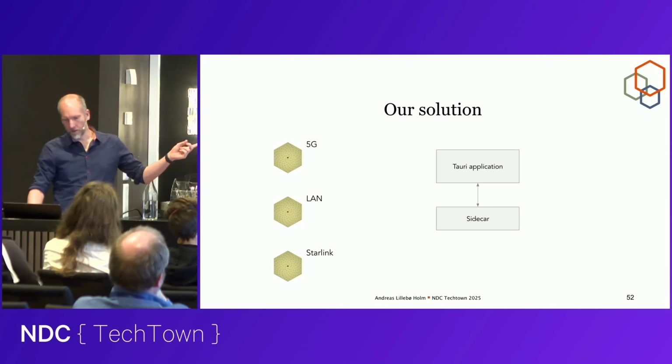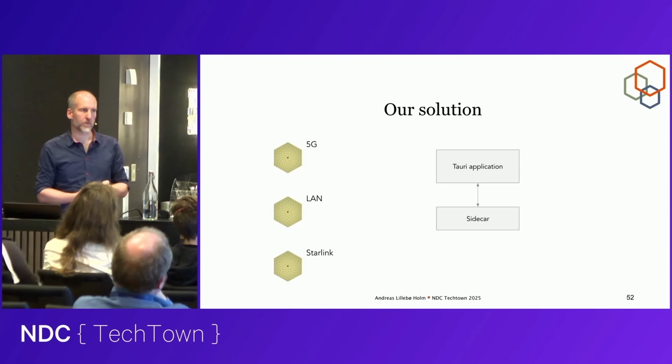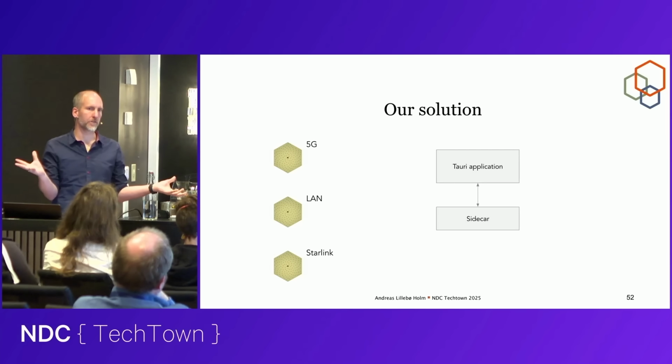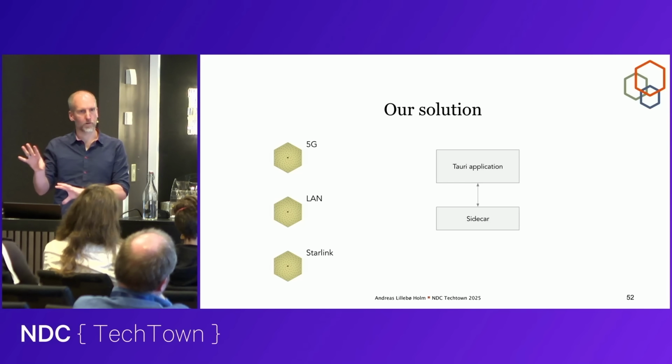And the way we have done it is that we use this Sidecar. We use the Sidecar for multiple purposes, actually, but in this example we use the Sidecar to handle all the API connections to all our distributed sensors, so that the front-end code in the Tauri application doesn't need to handle that.